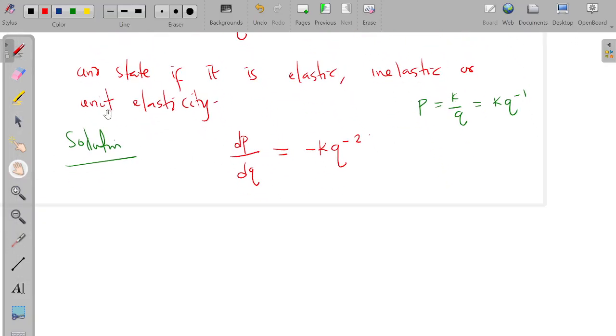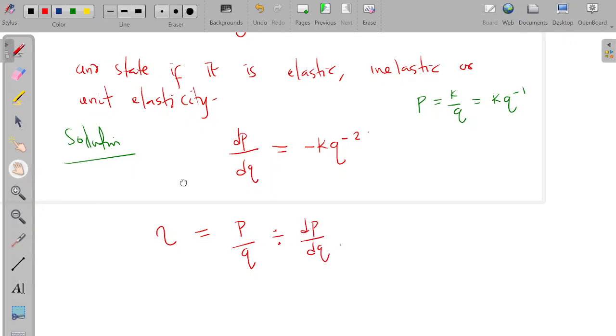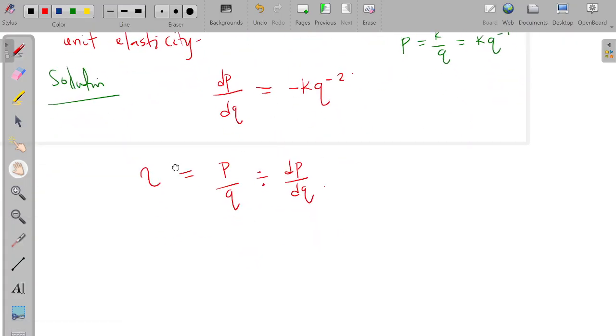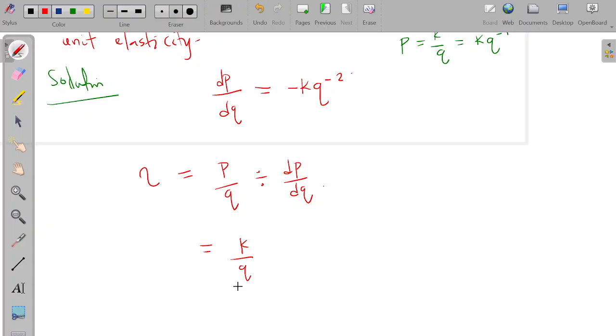All right, now our point elasticity of demand will be this formula, P over Q divided by the dP over dQ. So let's now find that. What is our P? P is what is given to us, K divided by Q. Divide again by Q, then divided by the dP over dQ, which is negative this.